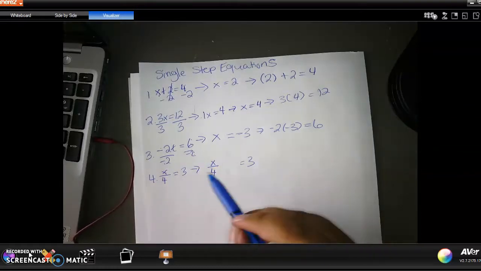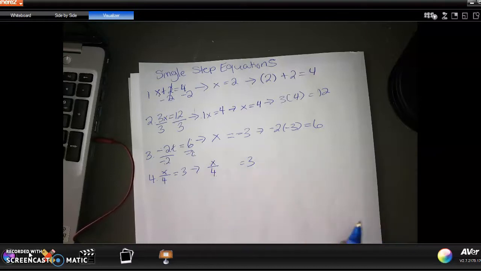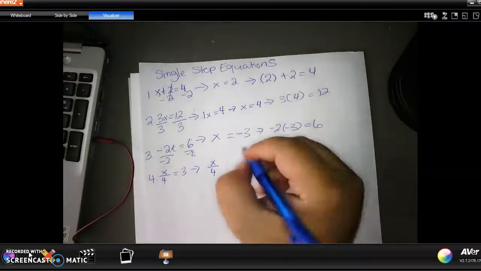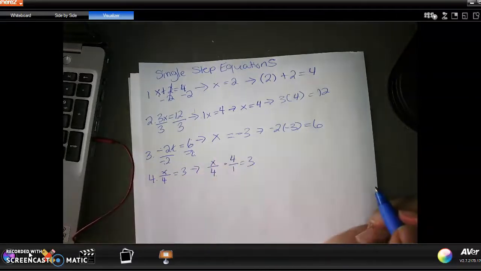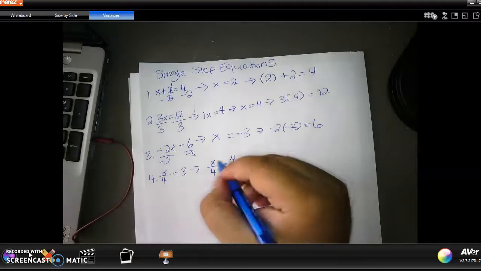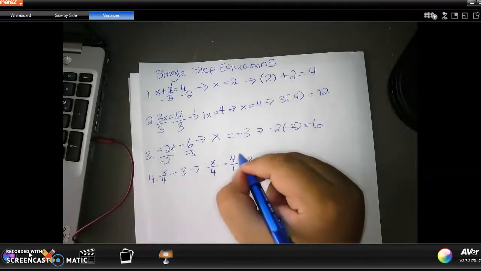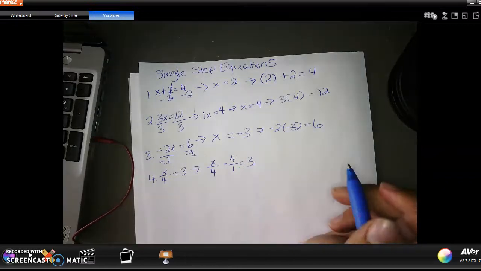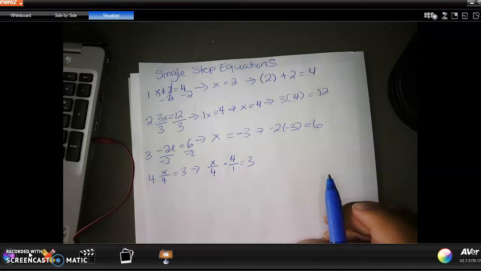Alright, so if I am going to have x divided by 4, I have to do something where I get rid of my 4 in the denominator. So I have to bring a 4 and multiply it up in the numerator, right? 4 over 1. That's what I can do here. I can just take 4 from the bottom, flip it up to the top, and do 4 over 1. That's called its reciprocal.